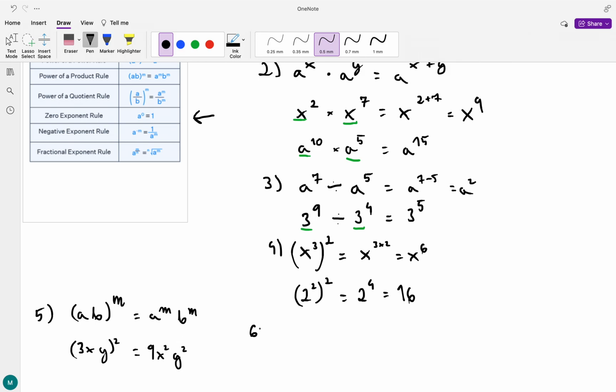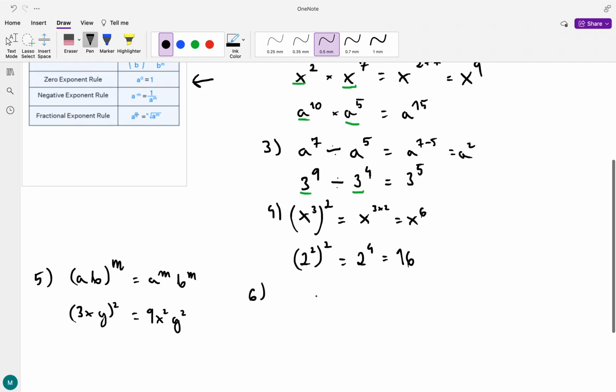Now let's do a few examples for power of a quotient rule. So whenever you are dealing with fractions raised to a certain power, you can distribute the power to both the top and the bottom. So let's say we have a over b to the power of 6. You do not have to calculate what the fraction is if those variables become numbers.